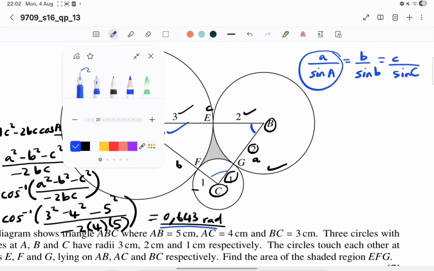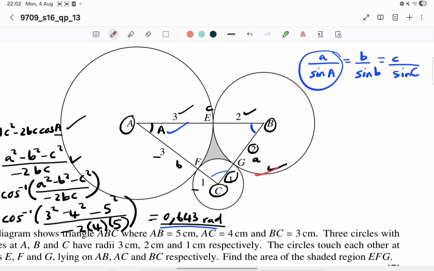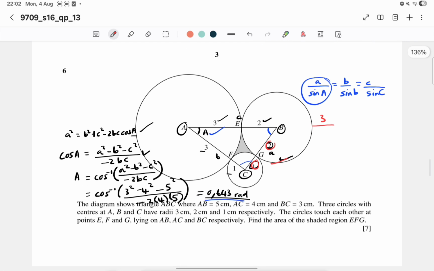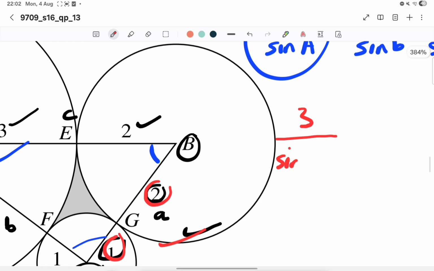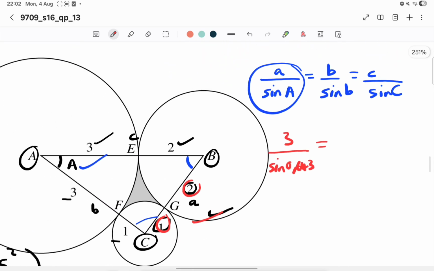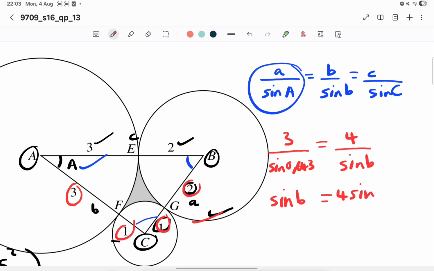We say our side a, which is 1 plus 2, that's 3, over sine 0.643, is equal to b over sine B. Our b is 3 plus 1, that's 4, so 4 over sine B. Making sine B the subject, sine B equals 4 sine 0.643 over 3.